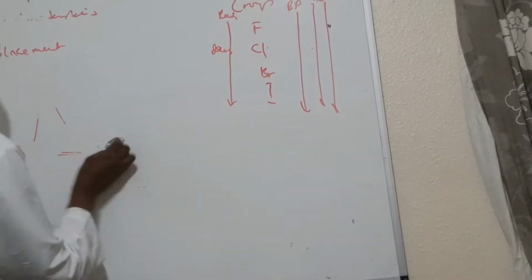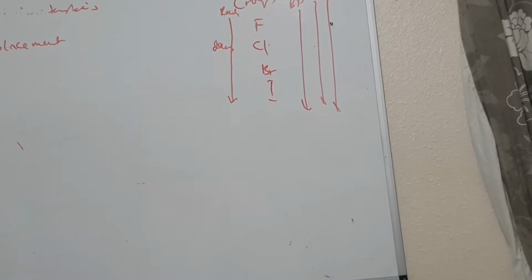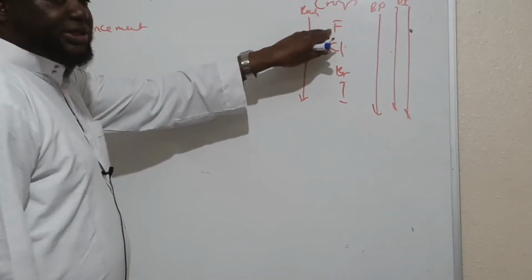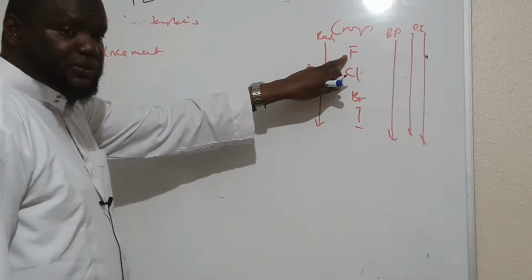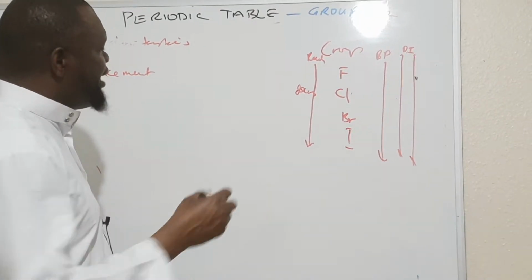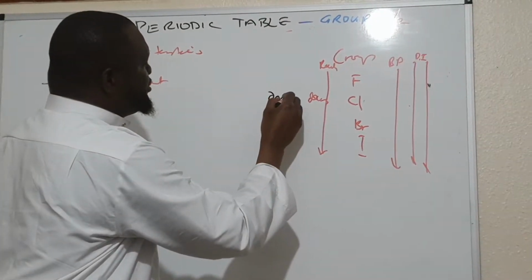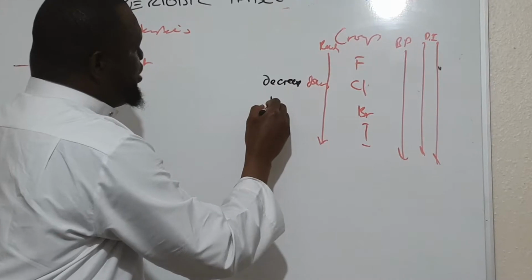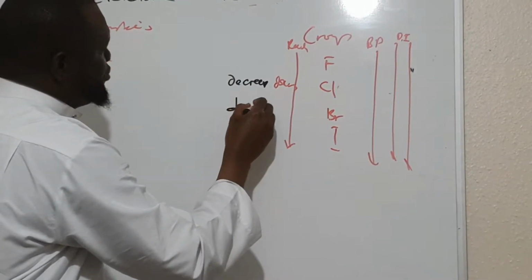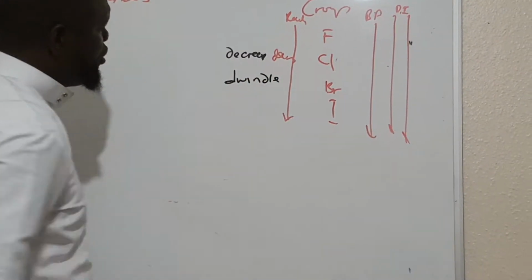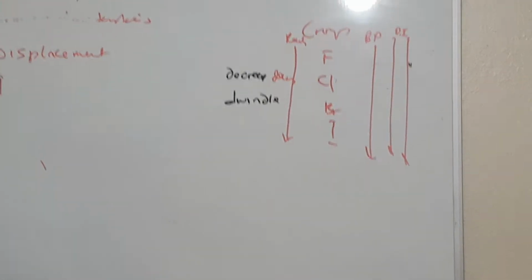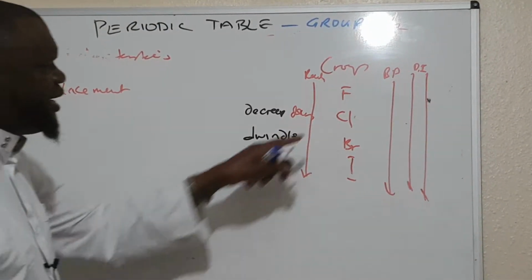Since the activity decreases or dwindles as you go down the group, that means fluorine is more active.